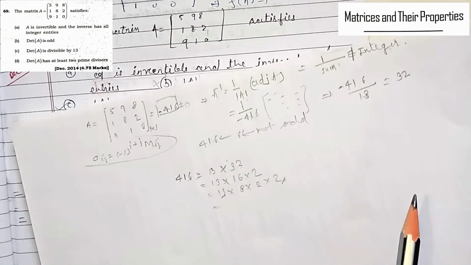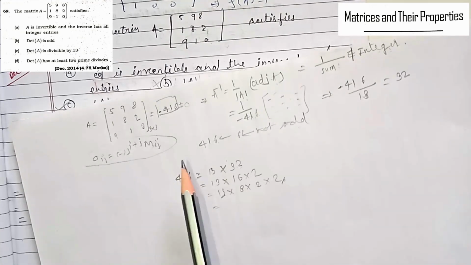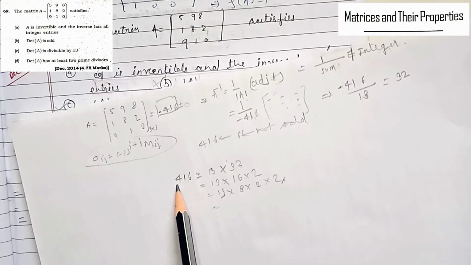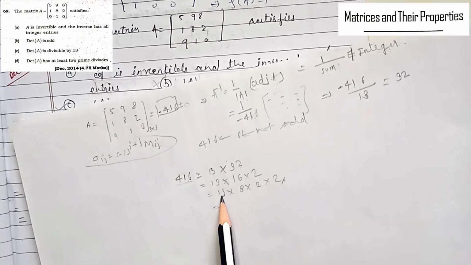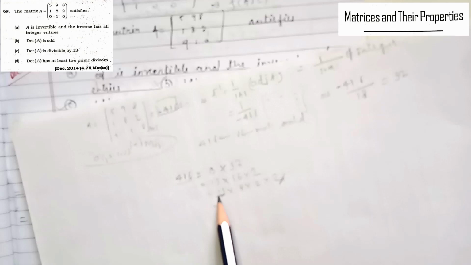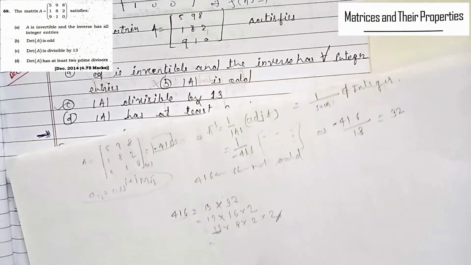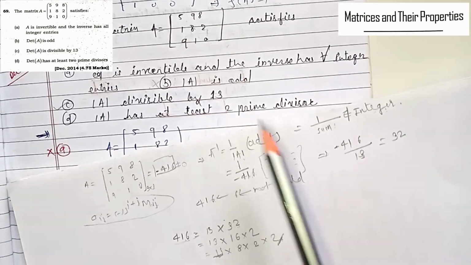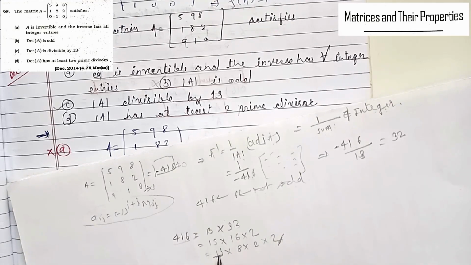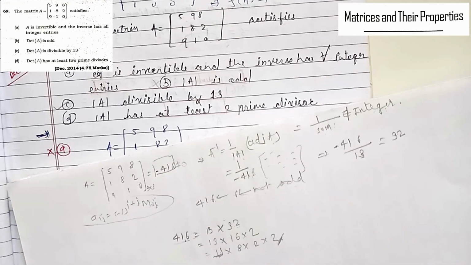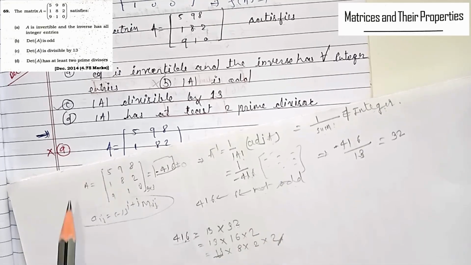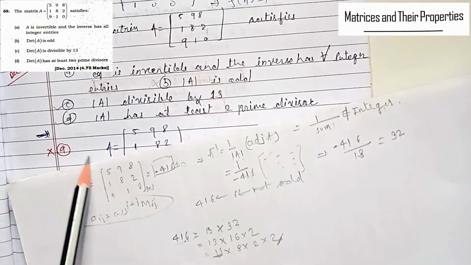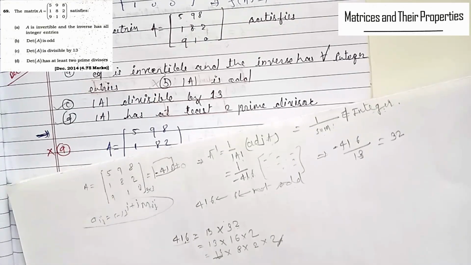Here our determinant can be written as a multiplication of at least two prime numbers. Obviously 13 can divide 416 and 2 also can divide 416. So option D is also true. C and D are true, and A and B are wrong.